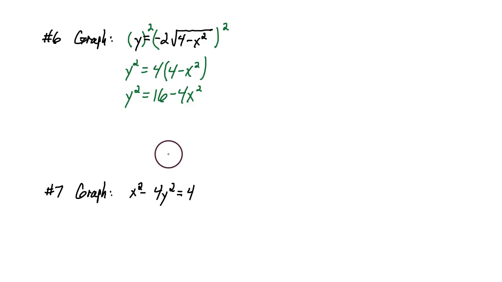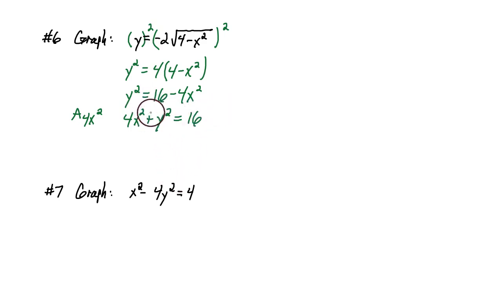Now it's a little bit easier to recognize the shape that we have. We have x squared and y squared, so it's either a circle, ellipse, or hyperbola. Let's put the x squared and y squared terms on the same side by adding 4x squared. We have 4x squared plus y squared is equal to 16.